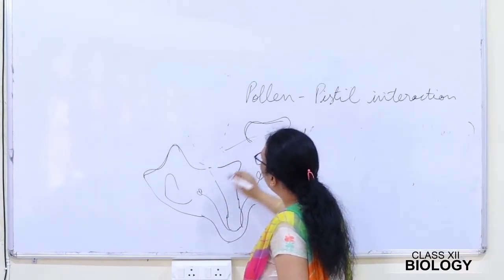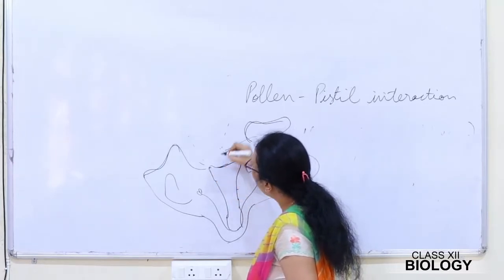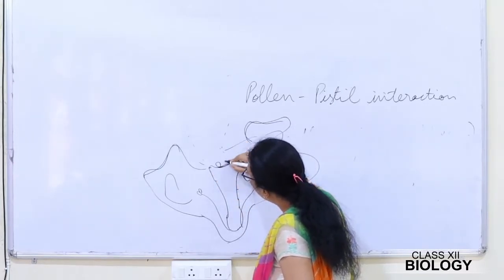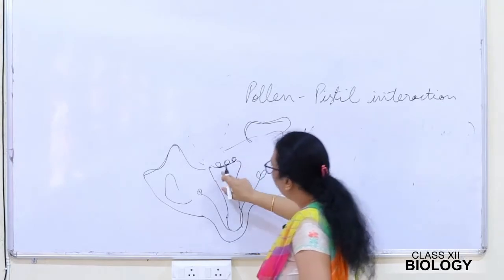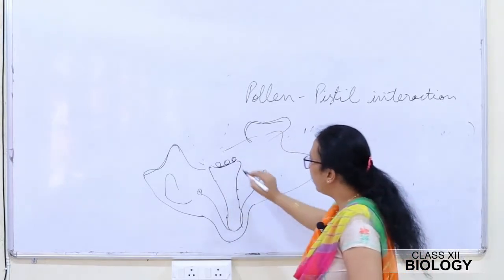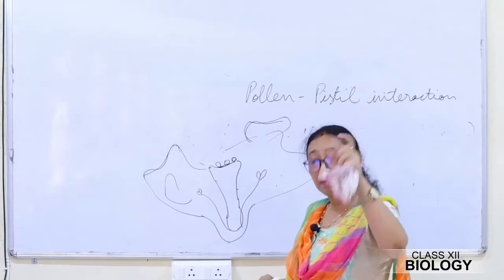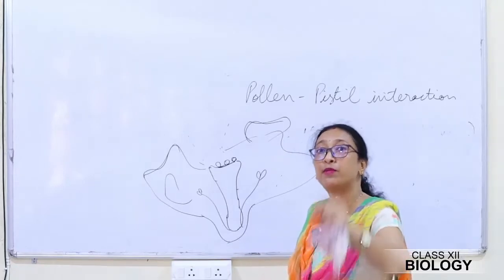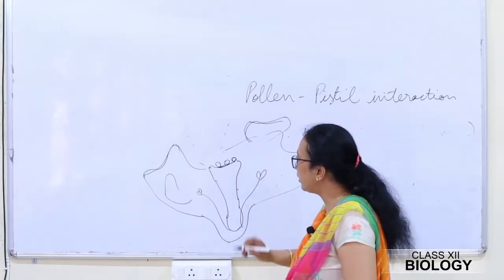So if a pollen grain is landing on the stigma, it should germinate. Why are all the pollen grains, even if belonging to the same species, not germinating? Why is it not germinating?